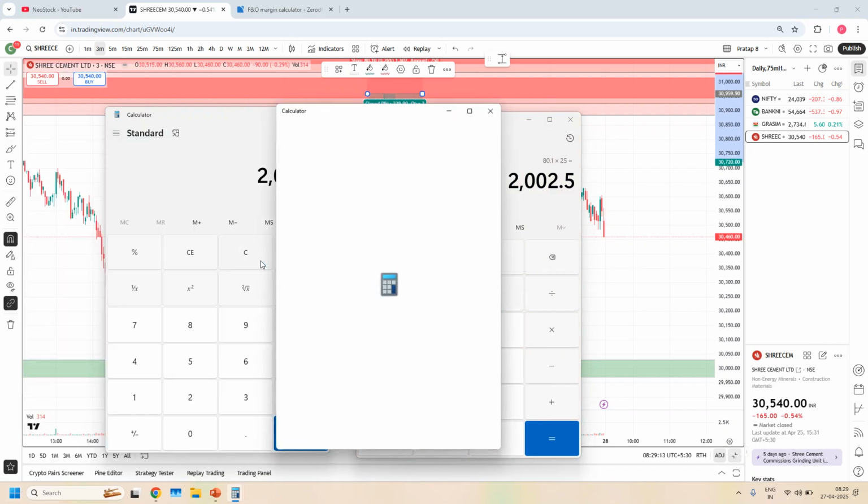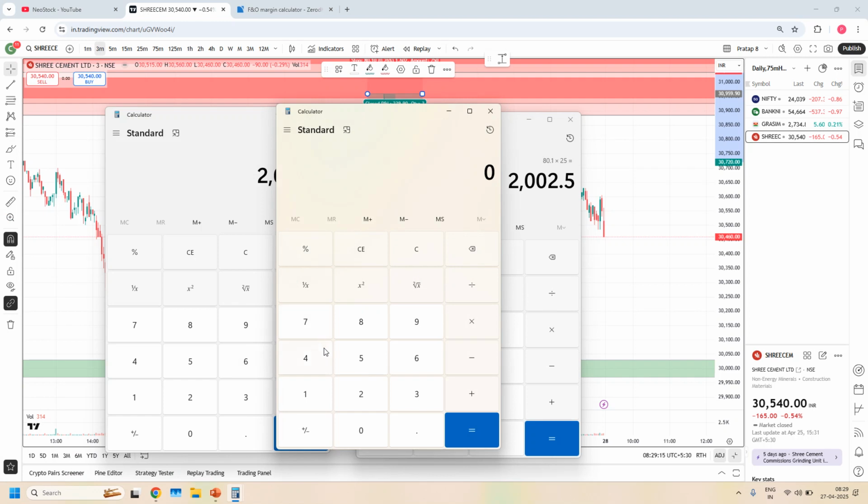Let me open another calculator. This is for one share. We bought at 30,959. We are investing this value in the equity segment, not futures. For a single share we are adding a capital of 30,959.90 paisa. Total, how many did we purchase? 25 into 25. So what is our total capital? 7,73,997.50 paisa. Rounded, 7,74,000 approximately.